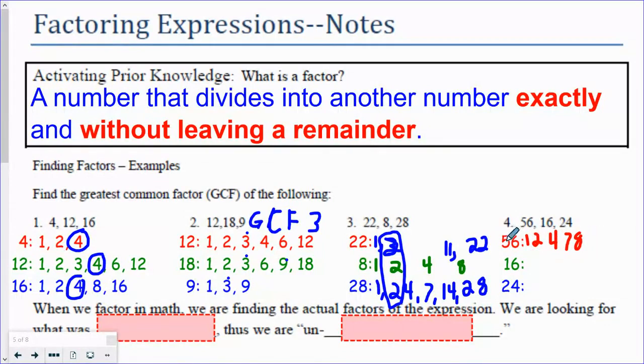Four goes in 1 time, so that is going to be 14. Half divided by 2, you get 28.